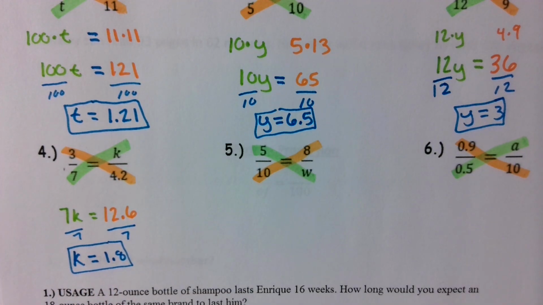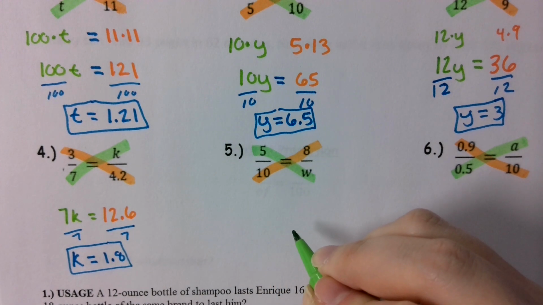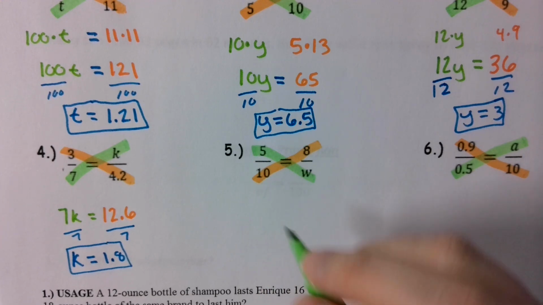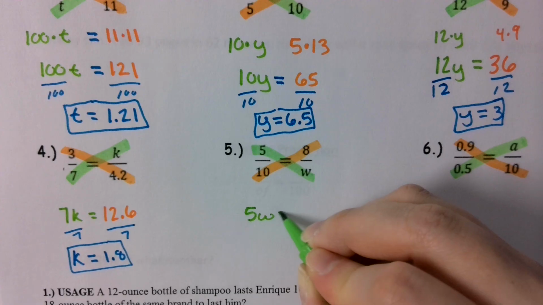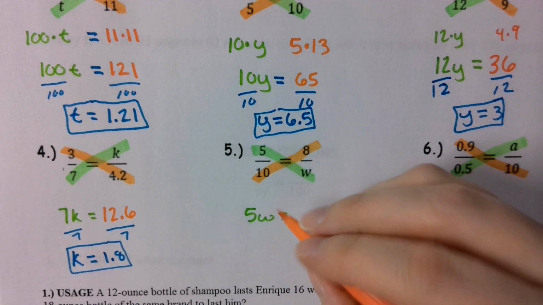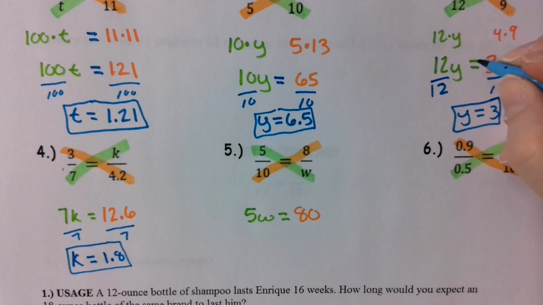All right, number 5. My equation, Nathaniel, what is my equation? For number 5. Equals 80. Good. 5w is equal to 80. I'll change these to blue again.